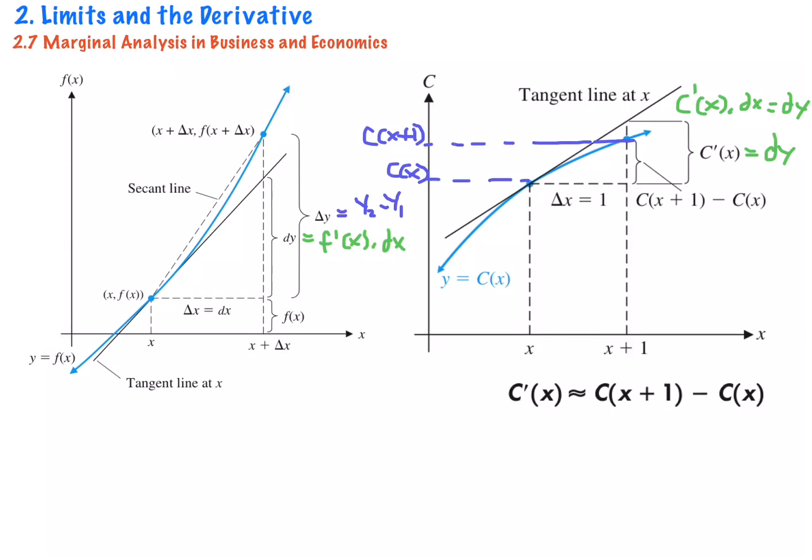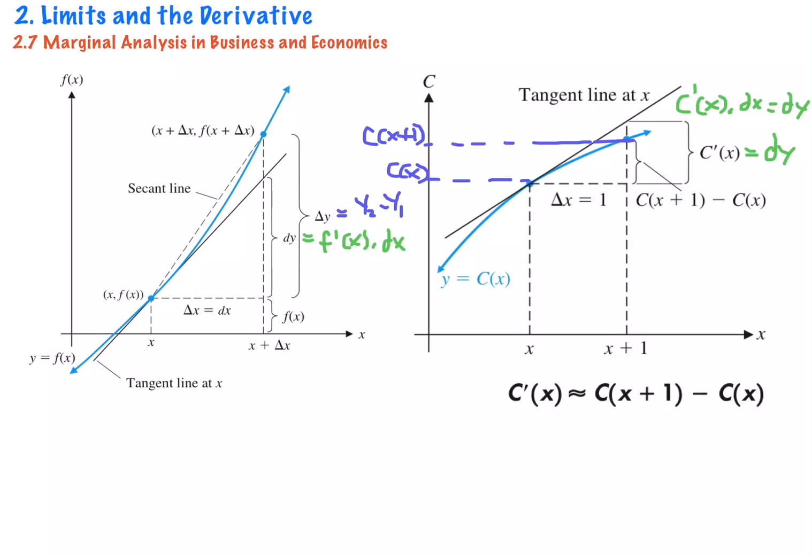So if c of x is the total cost of producing x items, then c prime of x is called the marginal cost and represents the instantaneous rate of change of total cost with respect to the number of items produced.